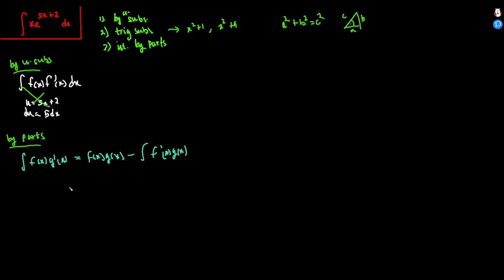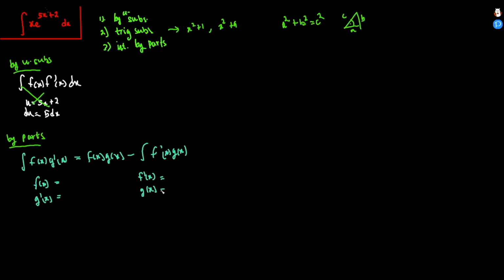So the play here is to figure out which parts of this function should be f of x and which parts should be g prime of x. Sorry, I meant g prime of x earlier. From this we need to get f prime of x, because we need that here, and we need g of x, because we need that here and here.